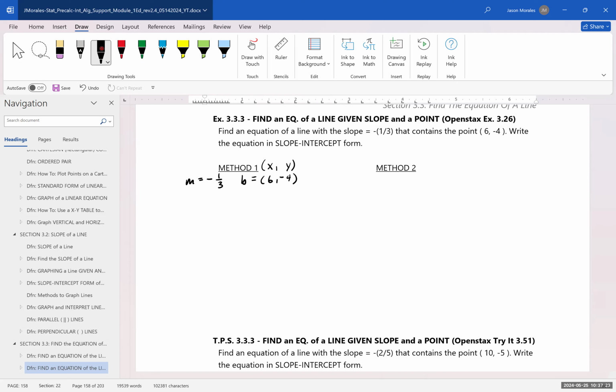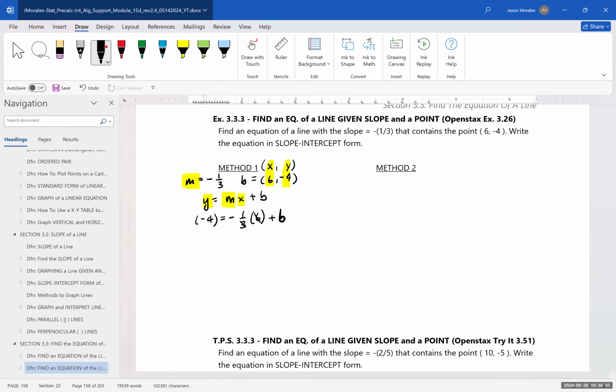We start with the slope-intercept form and substitute what we know: the slope, x, and y. Then we'll end up solving for b. Our y is -4, our slope is -1/3, x is 6, and plus b. Now we're going to be solving for b.